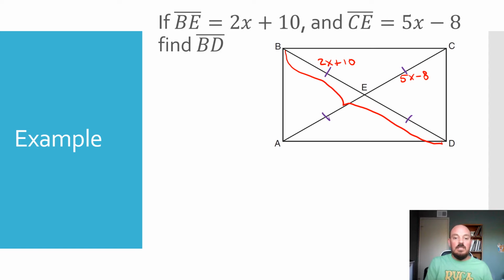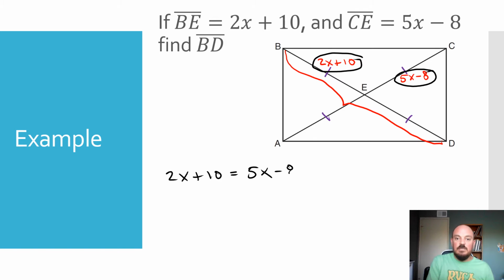So I just figured out my equation. To set up my equation, this thing and this thing are equal. So I'm going to say 2x plus 10 equals 5x minus 8, and I'm going to solve for x. Let's get rid of the smaller x. I'm going to do minus 2x on both sides. That leaves just the 10 here.